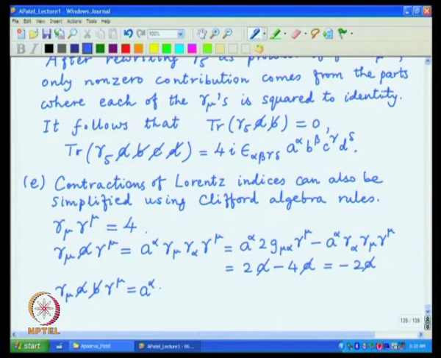A alpha, and then gamma mu gamma alpha, I will just rewrite as 2 G mu alpha minus the opposite order.